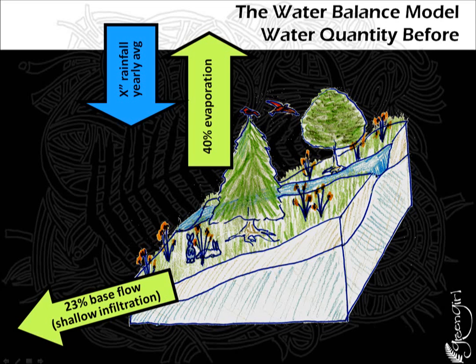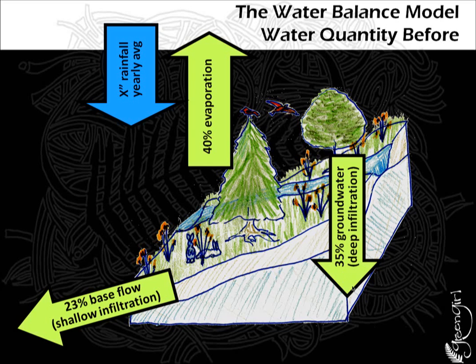So it's flowing downhill to the stream here, and it's flowing downhill to become a seep or somewhere else. And then a portion of it becomes deep infiltration to recharge the aquifer. And when you add these two numbers up, you find that the whole shebang is 60% infiltration.